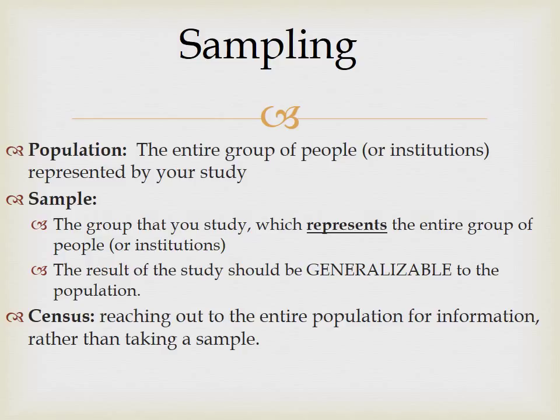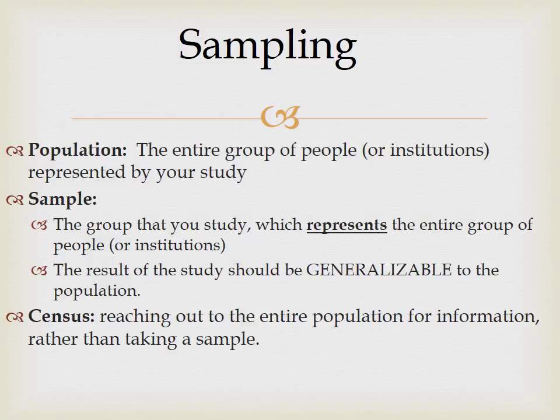Now, they decided to take a sample of that population to ask questions, and they sampled people just locally. And ideally, you always want a sample that represents the entire population. In this case, the sample did not. So while they did take a sample, I would argue that it wasn't a very good one.